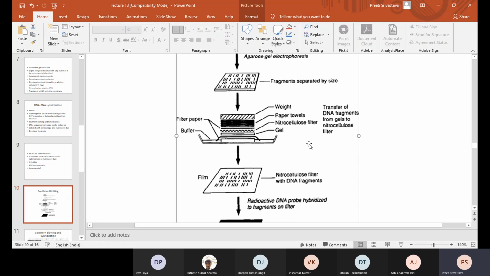Many a time there is no option and people end up doing electrotransfer. But then you need to put something like an ice bag or a dry ice pack in the transfer buffer containing chamber so that the entire thing doesn't get heated up. With capillary transfer there is no worry that your DNA or RNA or protein will get heated up, so that's why this is the preferred method.